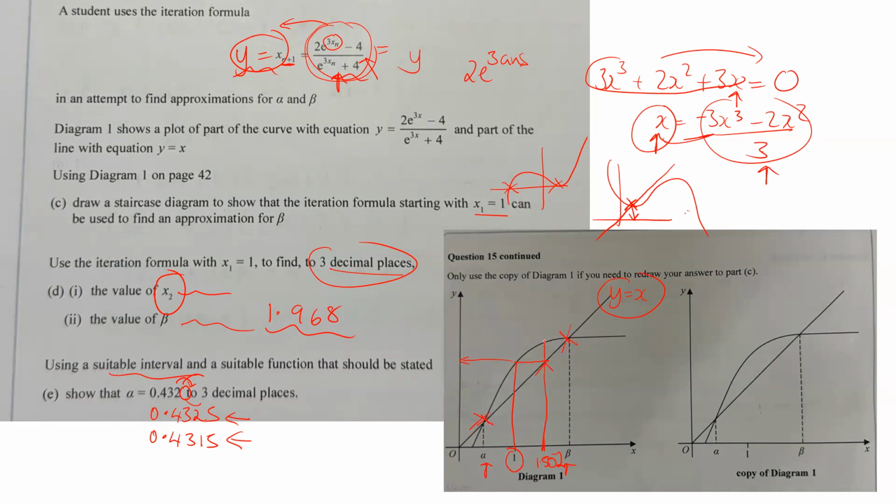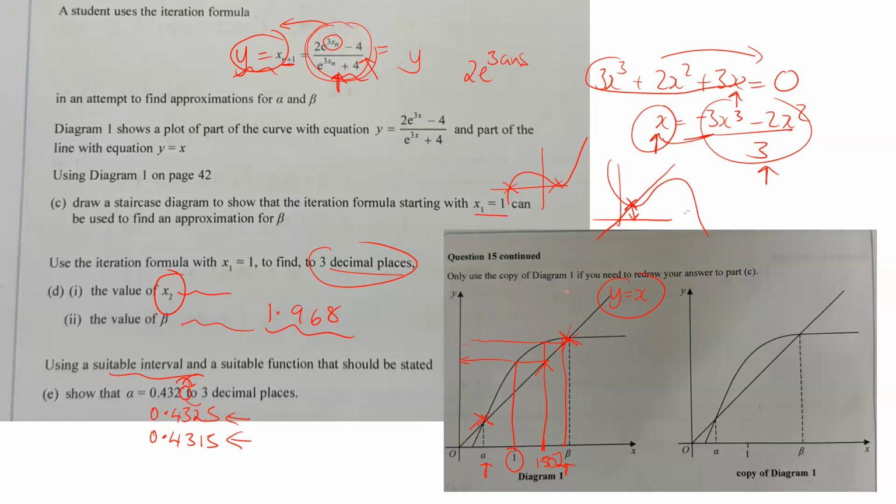Then take it up to the curve, which will give us the same y value, which if we go along will give us the same x value, and you home in to get to the root, and you home in and it cobwebs or staircases to the root. Does that explain it a bit better?